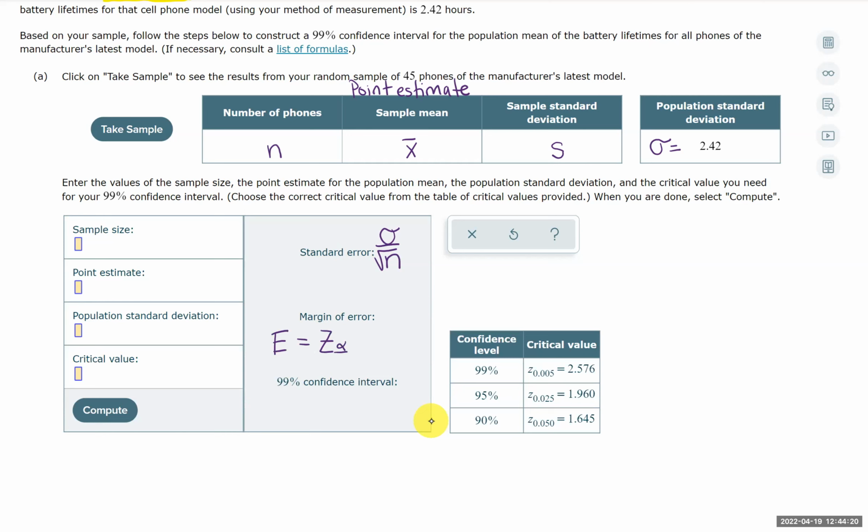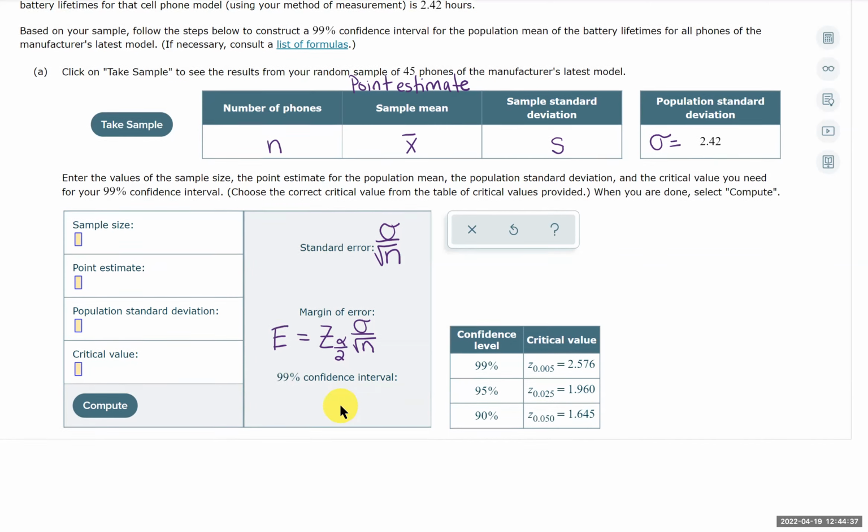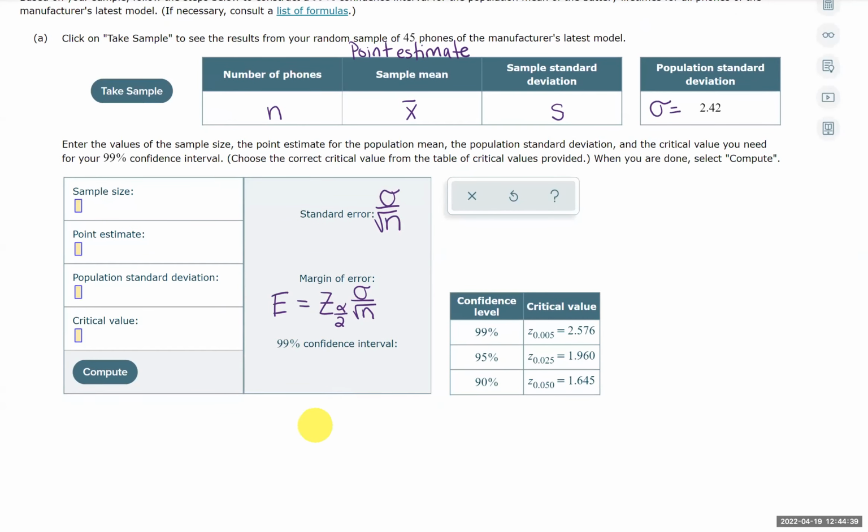It's the critical value, z alpha over 2, times the standard error. And then to create the confidence interval, we again can do it ourselves, but ALEKS will give you that answer. And then I will show you how it appears on ALEKS.